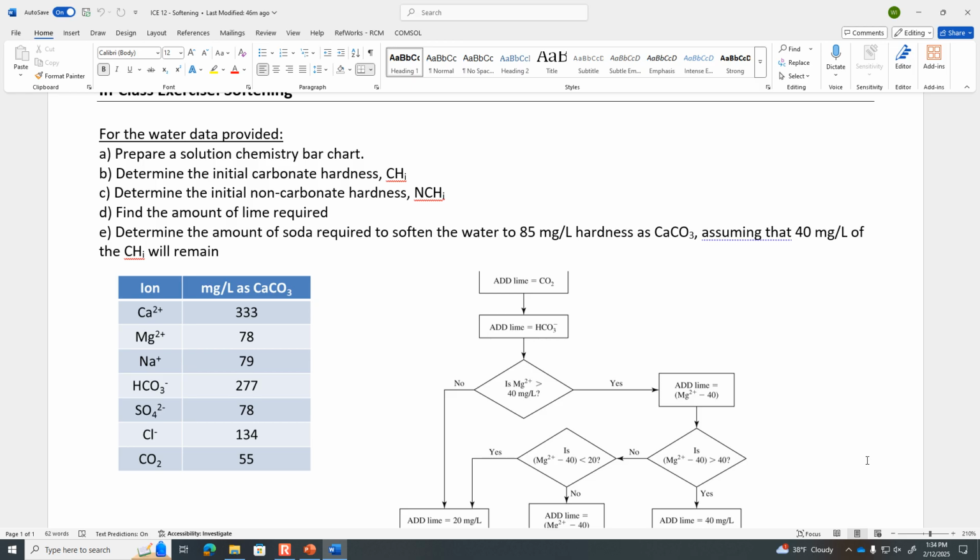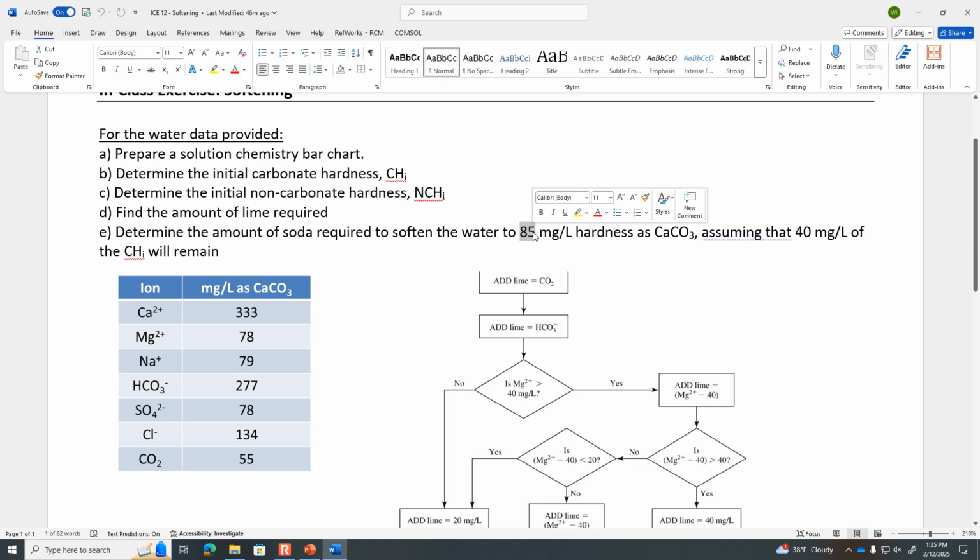And then we want to determine how much of the hardness is carbonate, how much of it is non-carbonate. And we're going to figure out how much lime is required and then how much soda we would have to add if we want to soften the water to 85.